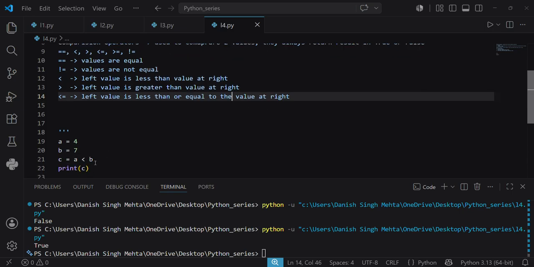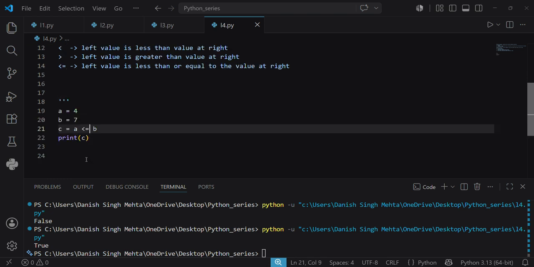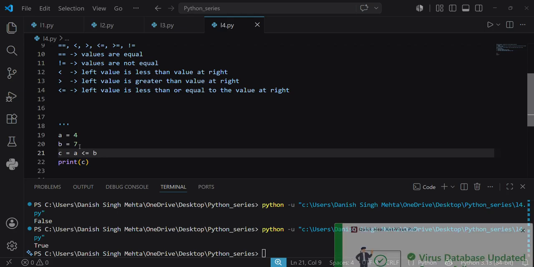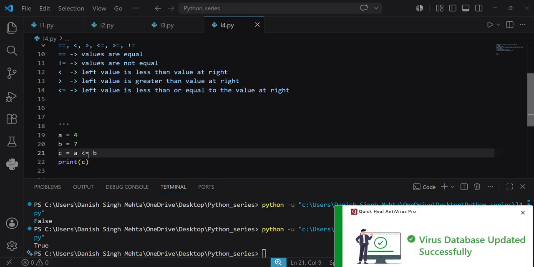So if I give an example, if I put here equal to, then it is saying that A is less than equal to B. A is 4, B is 7, 4 is less than 7. But here I have also written equal to.